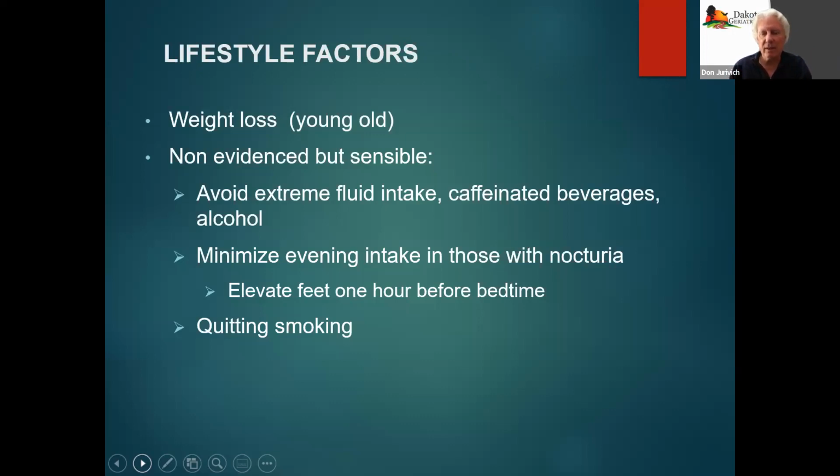And then lifestyle changes. This is not actually in the literature, but elevating your feet 1 hour before bedtime certainly makes physiologic sense to help reequilibrate the water that accumulates in the lower extremities. And finally, smoking cessation is highly recommended.